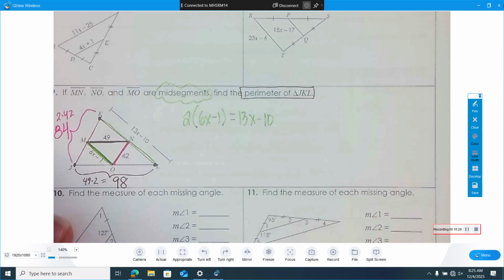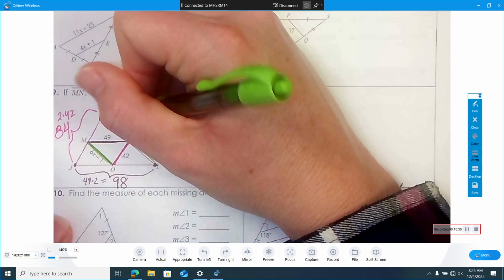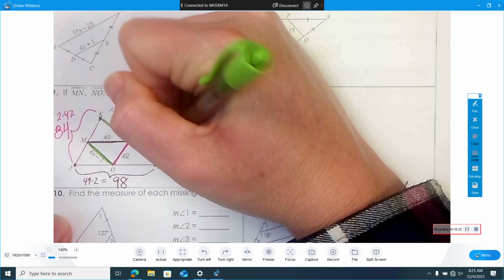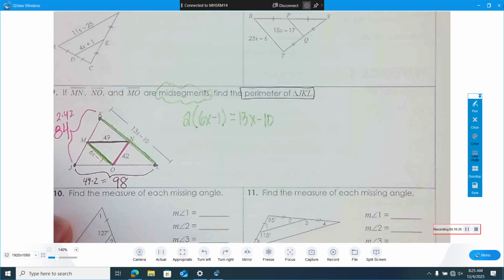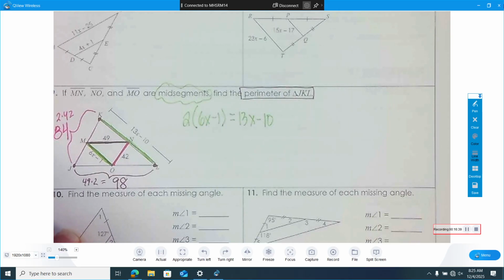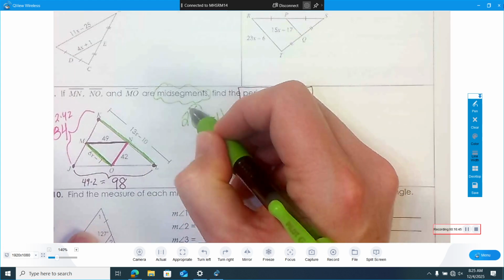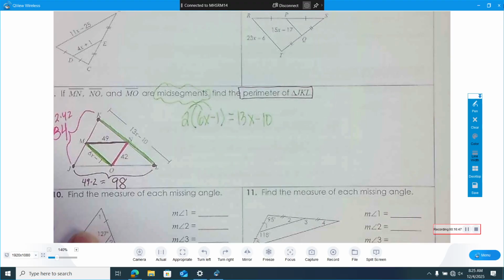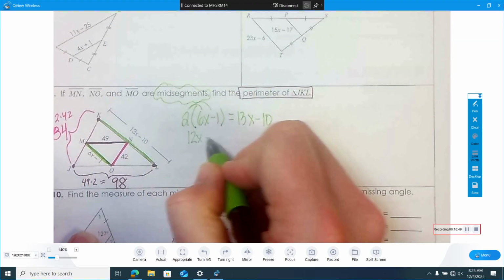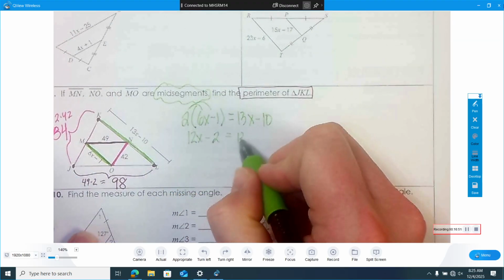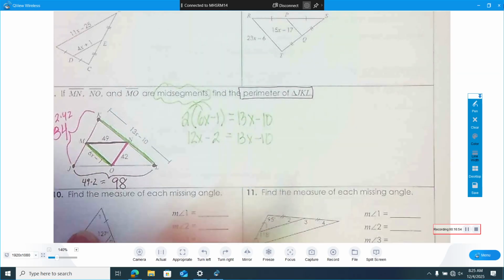And we have to solve for the value of x and then plug it back in to get the length of the side. All right, let's distribute. So we get 12x minus 2 equals 13x minus 10.